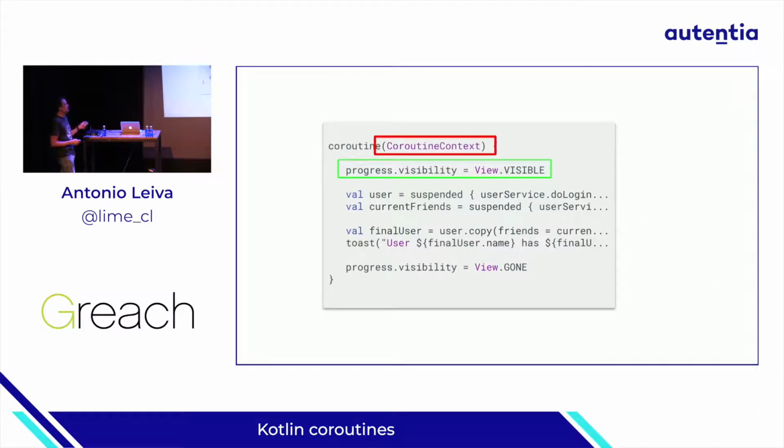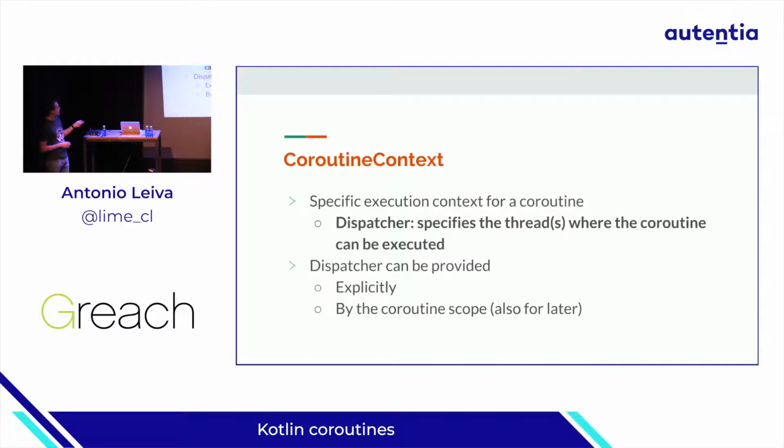Coroutines can use something that is called the coroutine context, and in this coroutine context we can configure several things. The first one is the dispatcher. One of the things that we can configure in this coroutine context is the dispatcher, which specifies the threads where the coroutine can be executed.